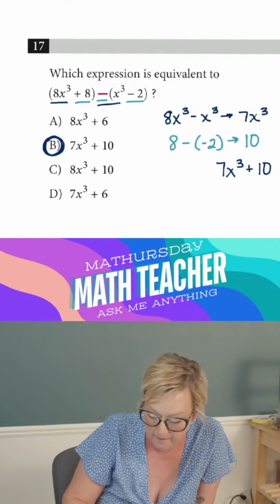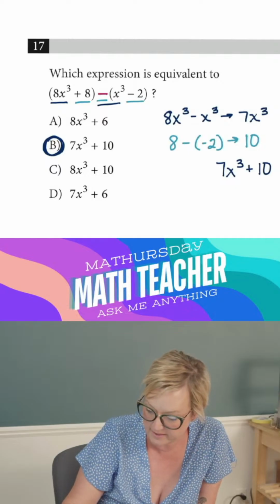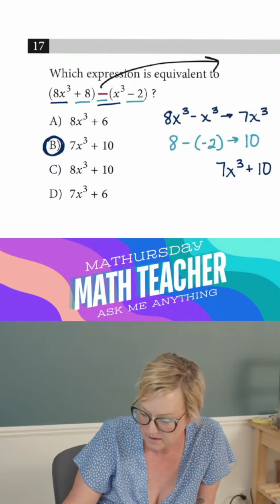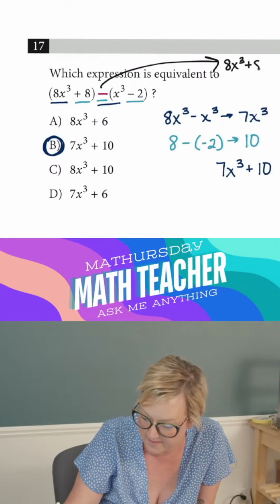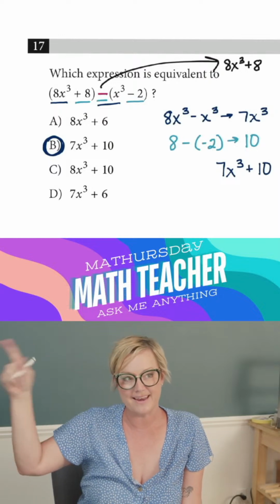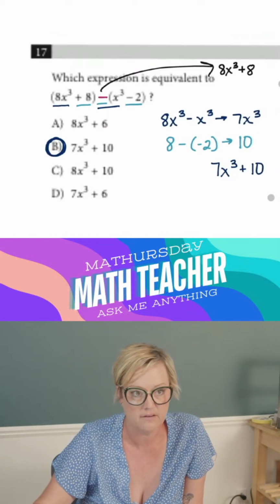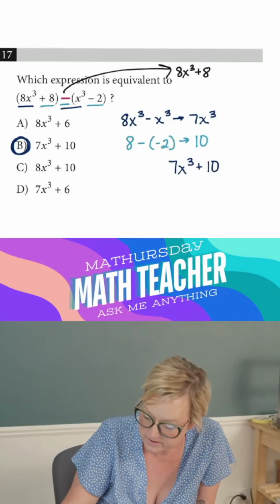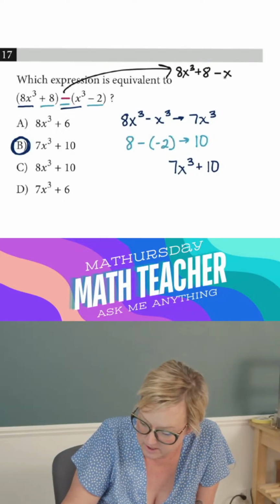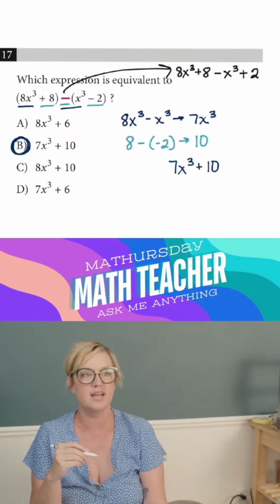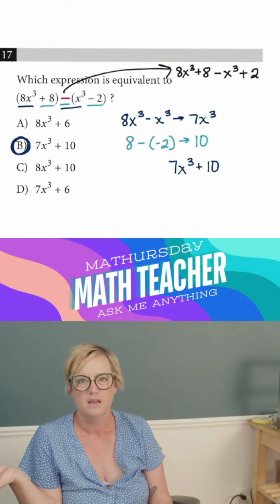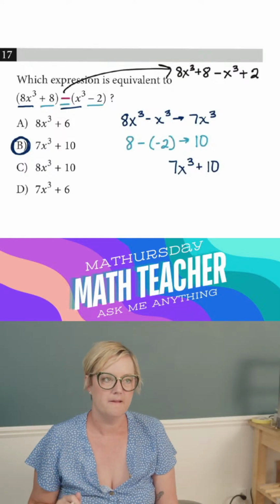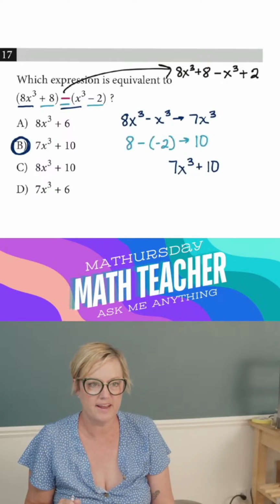I could have rewritten this as 8x cubed plus 8 and then distributed that negative, so it's minus x cubed plus 2. If I take that negative sign between them and distribute it, it's like multiplying everything by negative 1. So there we go, we've got 7x cubed plus 10.